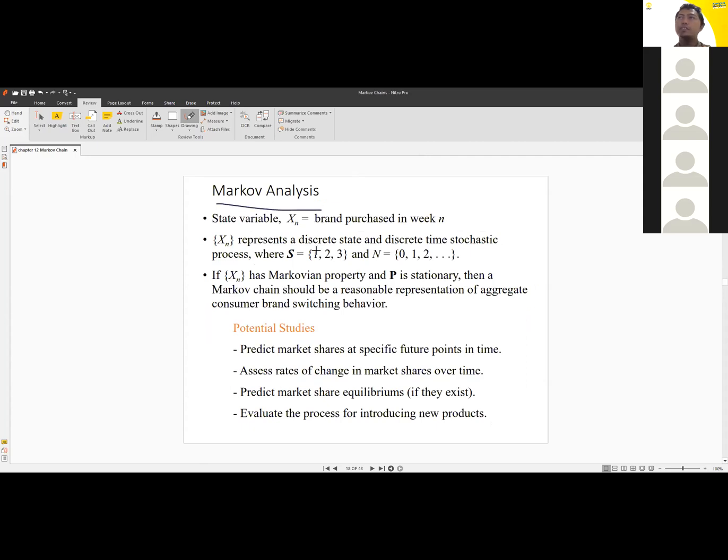This is Markov analysis, the kind of information we can get from computation using a Markov chain.